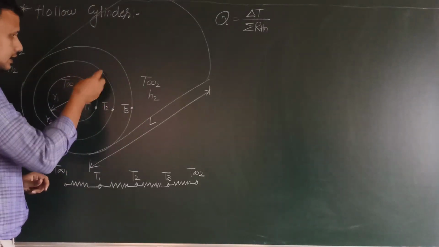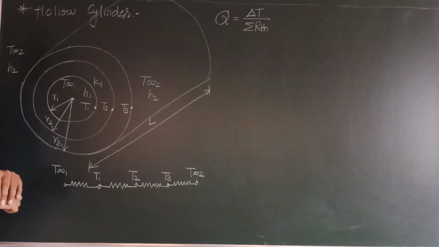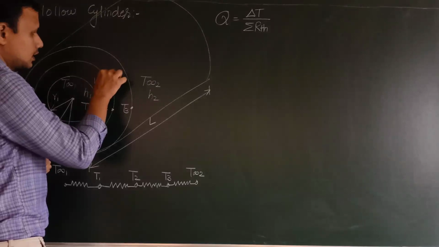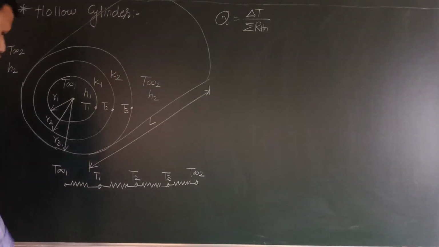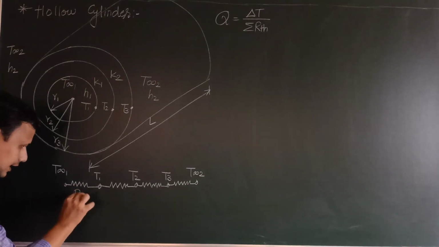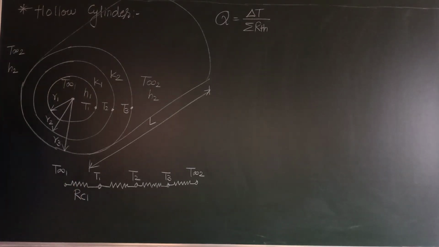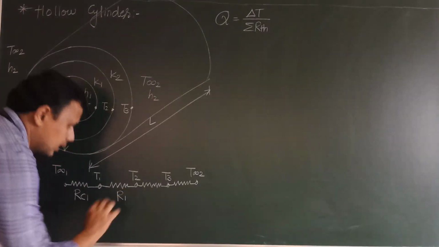Let us consider that for the cylinder thickness, K1 is the thermal conductivity of the cylinder material, and K2 is the thermal conductivity of the insulation material. So the first one, because it is a convection resistance, we will write as Rc1. This is a conduction resistance, so we will write it only as R1.